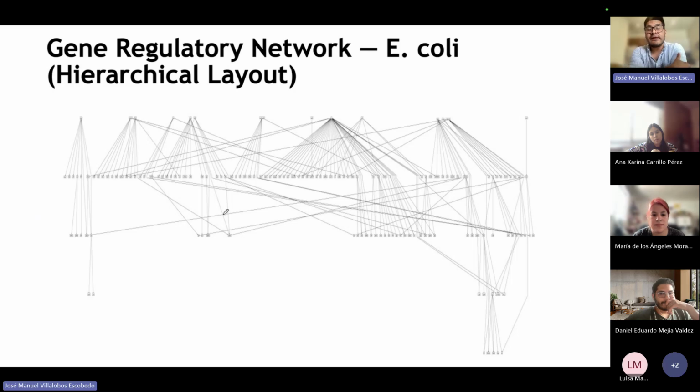For example, here you can see the regulatory network of E. coli. This is a hierarchical layout. You can see, for example, this protein is affecting this set of proteins, but is also directly affected by these kinds of proteins. And here, for example, you can see that there are super central elements.